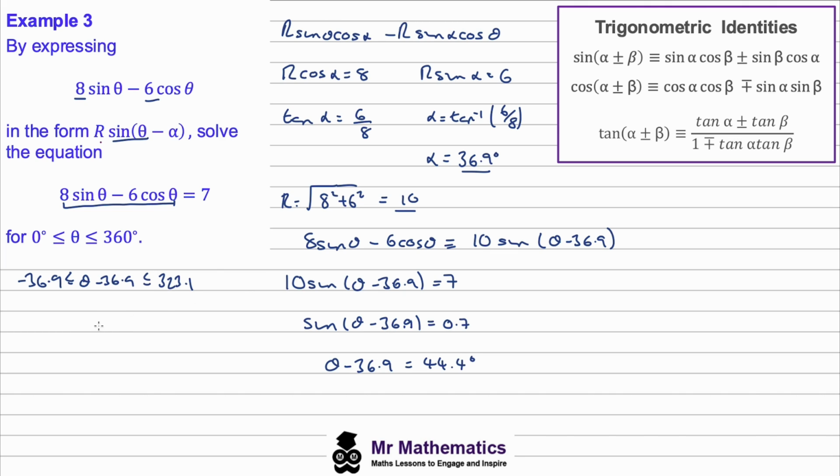So to work out where the solutions are, we'll draw the CAS diagram. We know the 0.7 is positive, so we're looking at the first quadrant and the second quadrant.